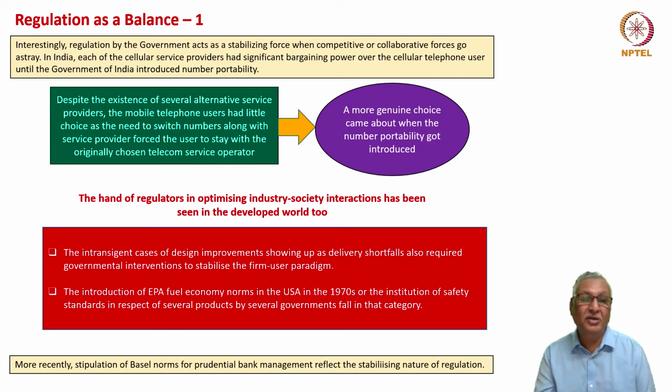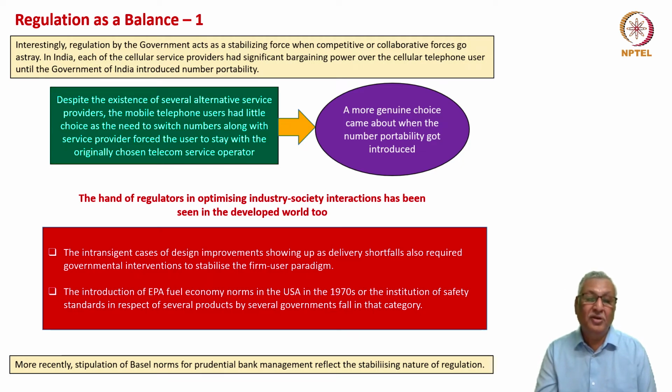The hand of regulators in optimizing industry-society interactions has been seen in the developed world too. There were intransigent cases of design improvements which were not leading to delivery improvements. There were delivery shortfalls actually, and it required governmental interventions to stabilize the firm-user interaction.